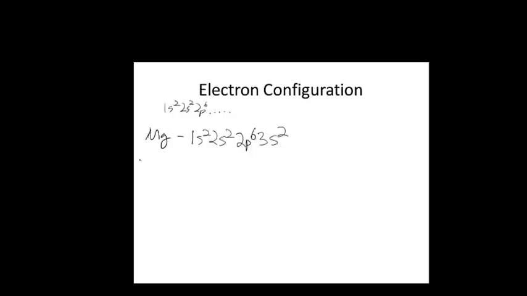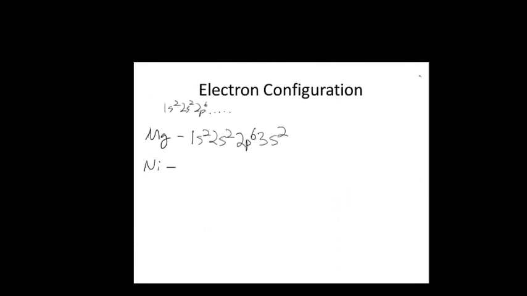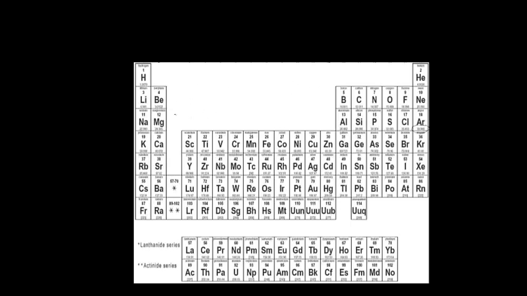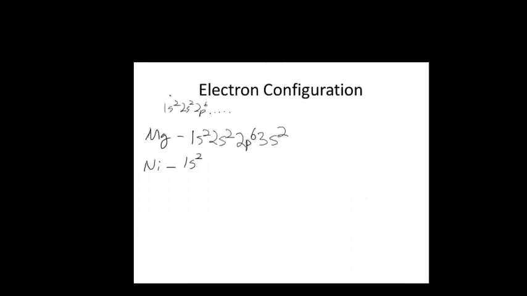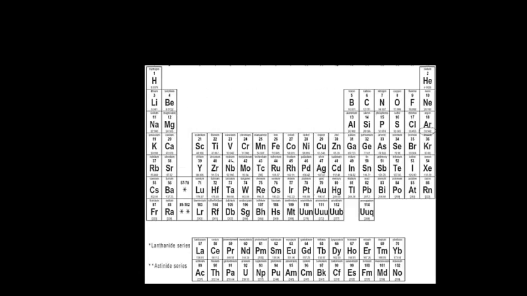All right, let's do another one. Let's try nickel. Nickel is right here, so we start at the beginning. We go through the first row, the S's, and we went 2 over, so 1s2. We go through lithium and beryllium, that's 2s2.